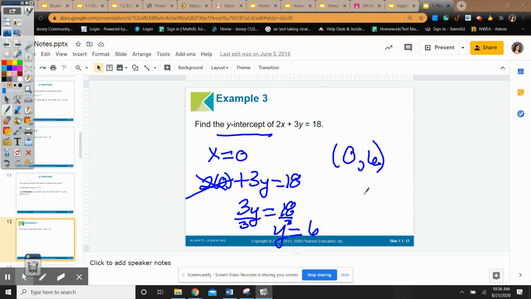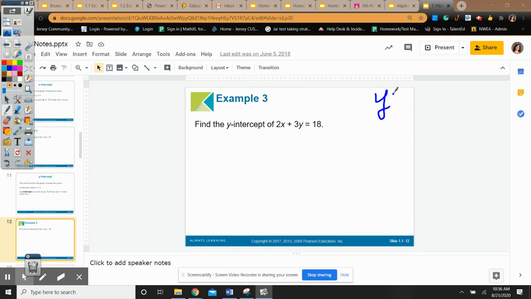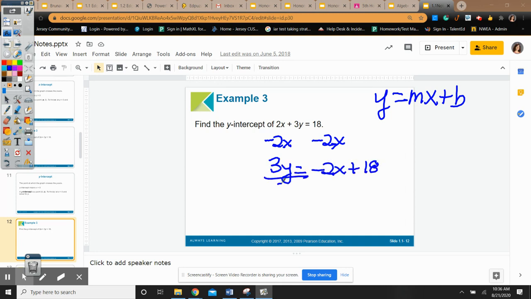It's an ordered pair. Now, some of you might have remembered, wait, y-intercept means b, and y equals mx plus b. You are not wrong. If you wanted to do that, you could get y by itself by subtracting 2x, and you would get 3y equals negative 2x plus 18. You would divide all the friends by 3.